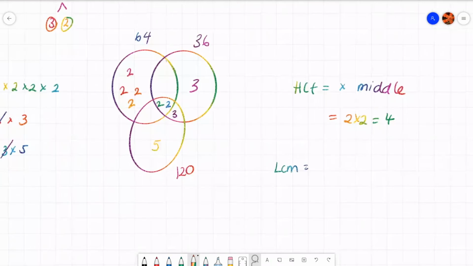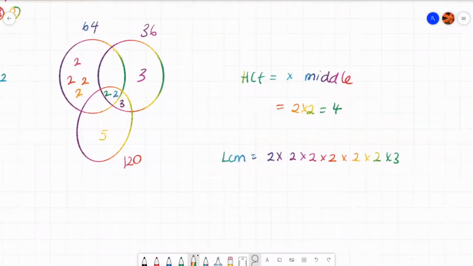Lowest common multiple is, well, times them all together: 2 times 2 times 2 times 2 times 2 times 2 times 3 times 3 times 5.